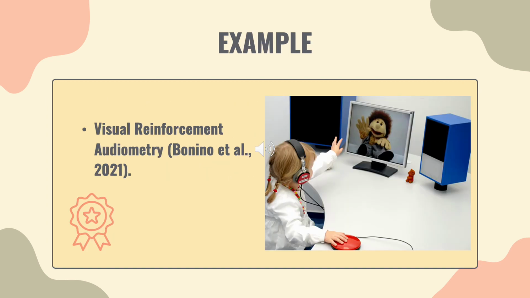So I'm going to provide an example of how an educational audiologist could use operant conditioning, and that is through visual reinforcement audiometry. With visual reinforcement audiometry, otherwise known as VRA, if a student turns his or her head to a sound, a visual reinforcer will occur, and so this is your way to reward that behavior.